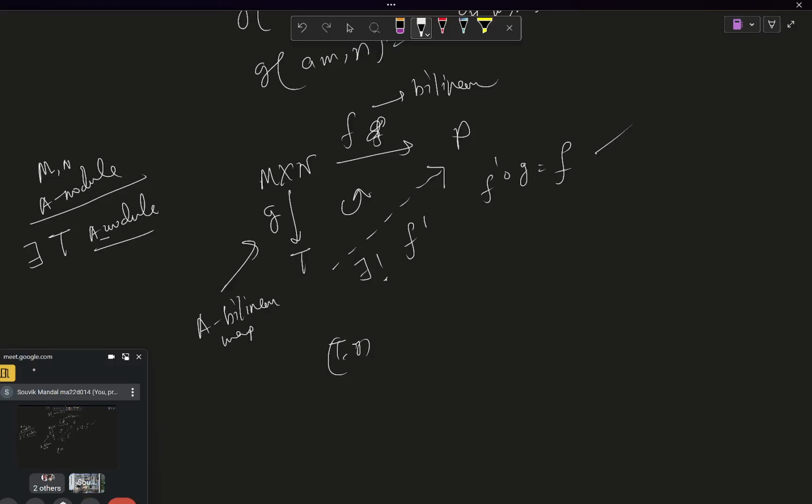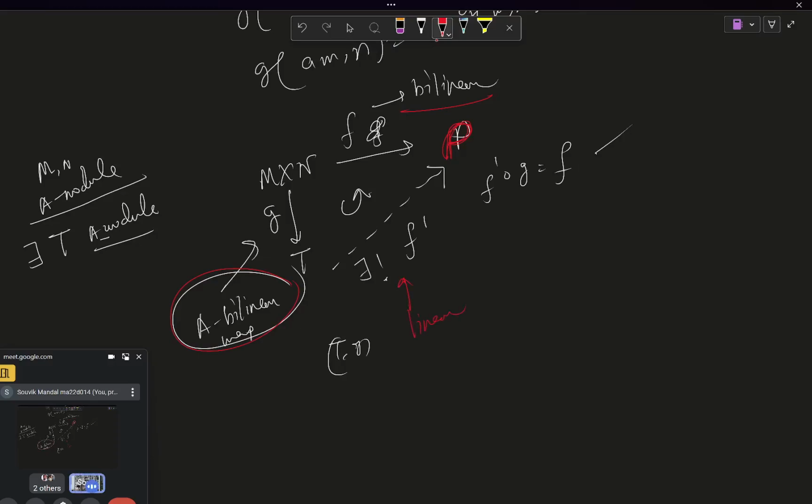And some map G from M cross N to T, which is an A bilinear map, exists such that we satisfy some properties. What is the property? If we take any module P and any bilinear map small f from M cross N to P, then there exists a linear map.